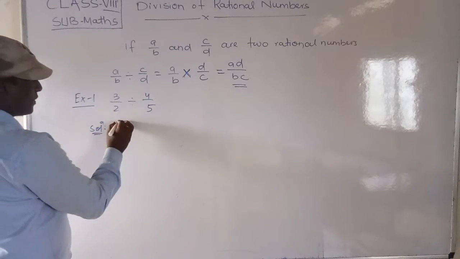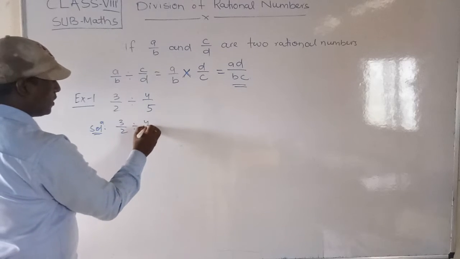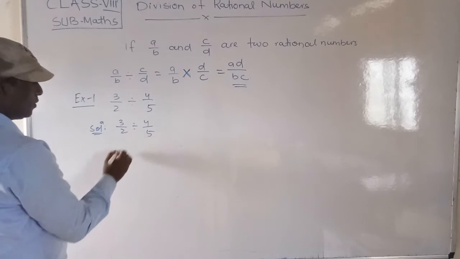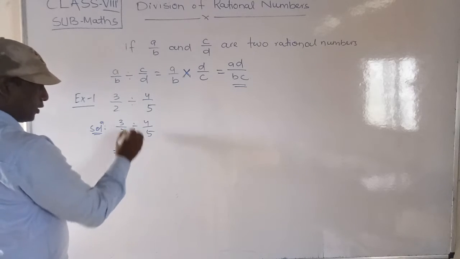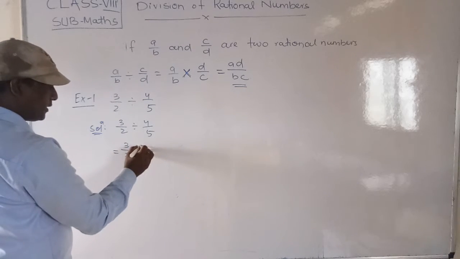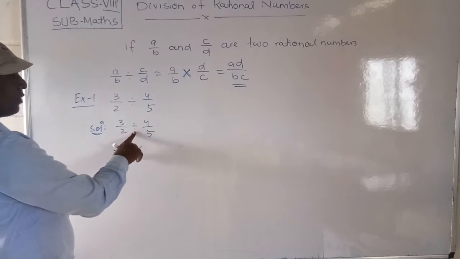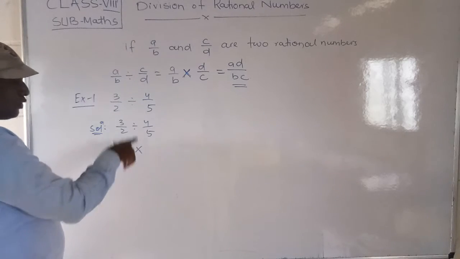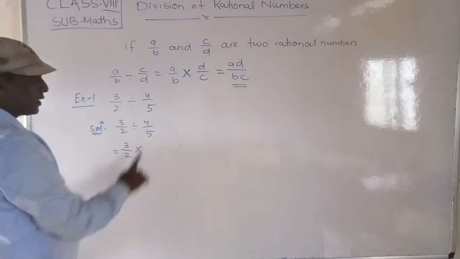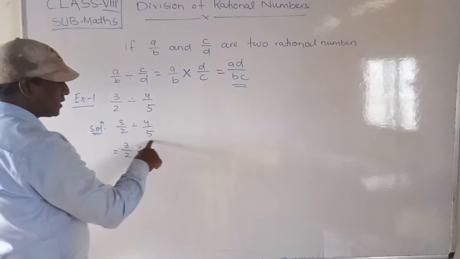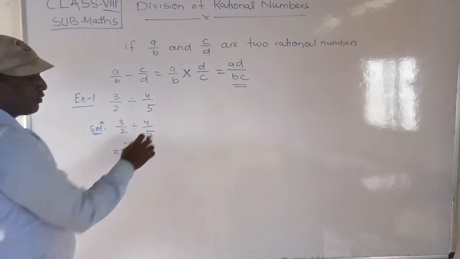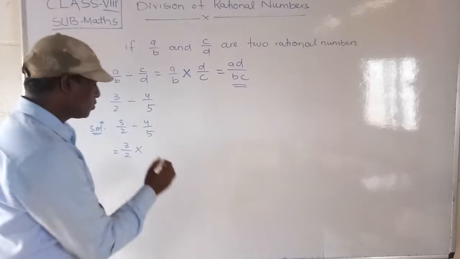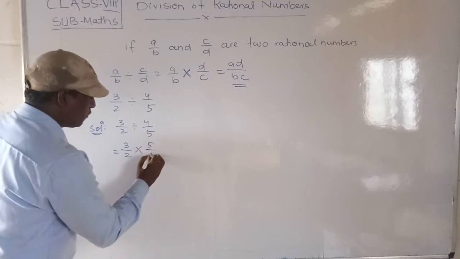First of all, 3 by 2 divided by 4 by 5 is equal to, the first number has no change, you keep it like this. Instead of division you have to write multiplication. Very carefully observe, instead of division you write multiplication, but this rational number will change to its reciprocal. The reciprocal of 4 by 5 is 5 by 4. So into 5 by 4.